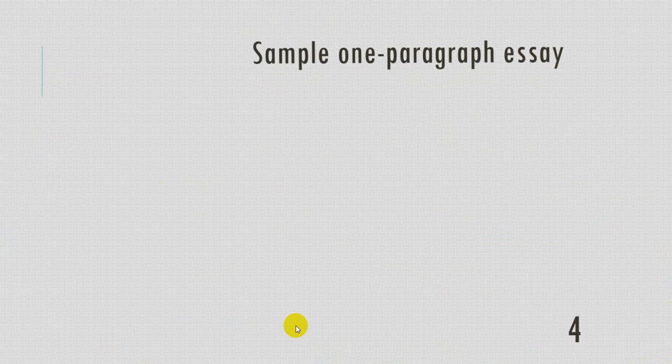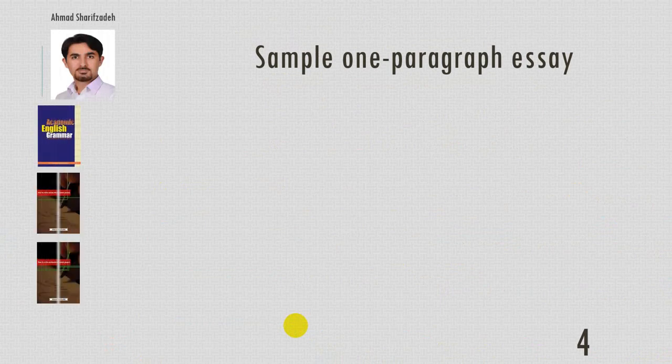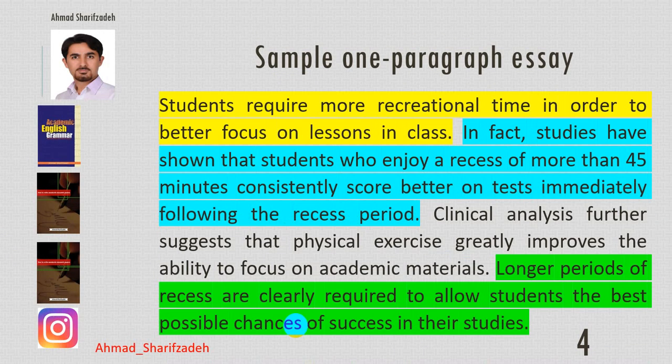Okay, let's look at the other example here. Another sample one paragraph essay: Students require more recreational time in order to better focus on lessons in class. In this writing, the author, the writer of the text, argued that students need more time to refresh themselves if they want to focus better on the lessons.